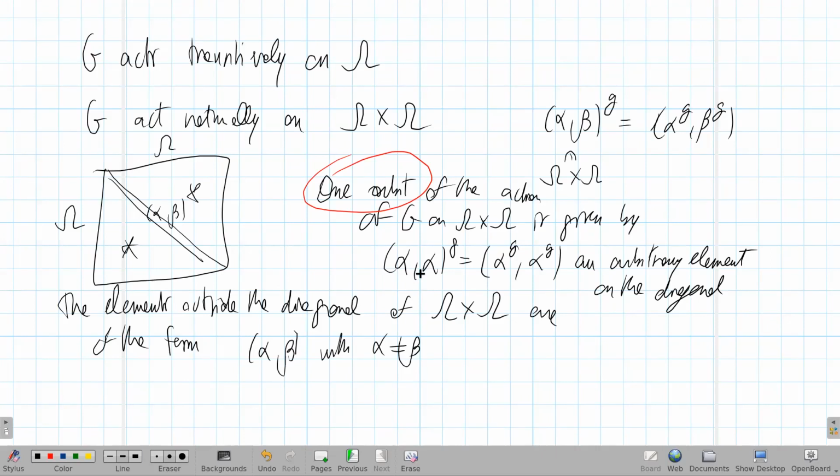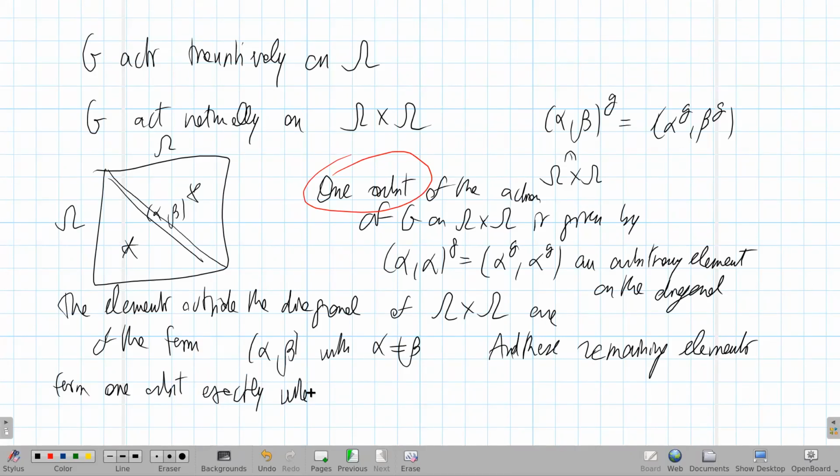Well, these off-diagonal elements form exactly one orbit exactly when G acts 2-transitively on omega.